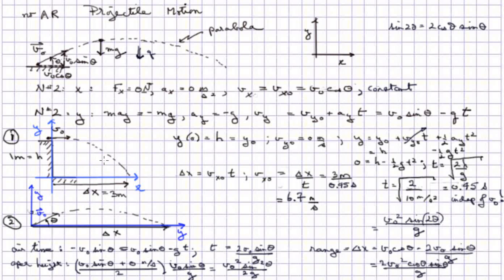So to give you two illustrations of projectile motion, let's consider, first of all, a ball launched horizontally off a table surface that is 1 meter from the ground. And so h is equal to 1 meter. We're going to embed coordinate systems in here. So the coordinate systems are as shown in the blue axes here.